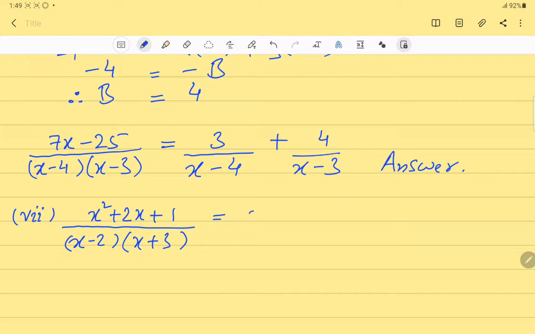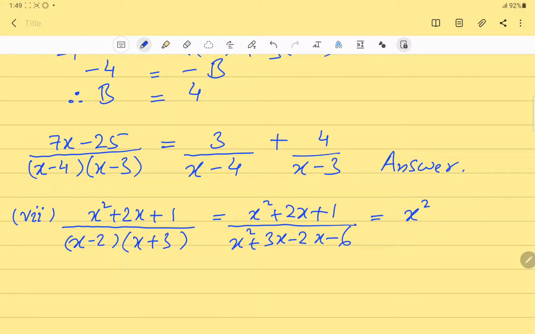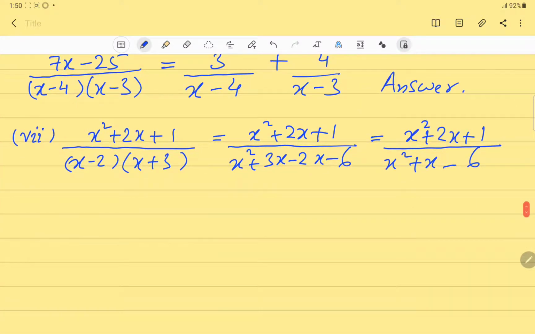X squared plus 2x plus 1 over x squared plus 3x minus 2x minus 6. We get x squared plus 2x plus 1 over x squared plus x minus 6. So now we will divide x squared plus 2x plus 1 by x squared plus x minus 6.